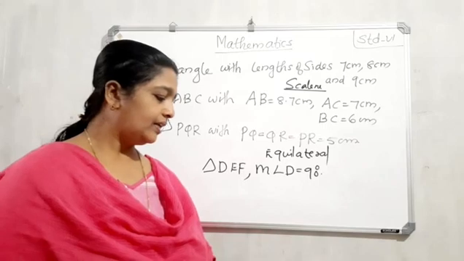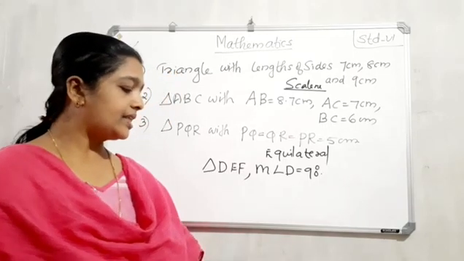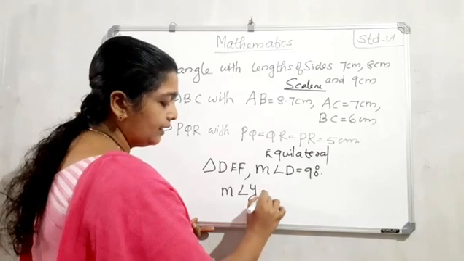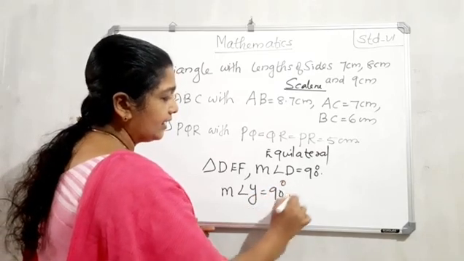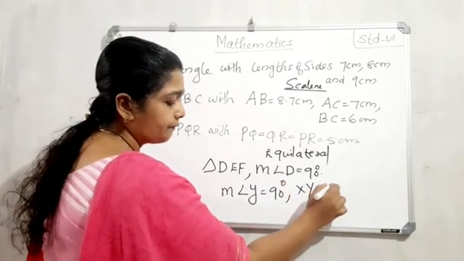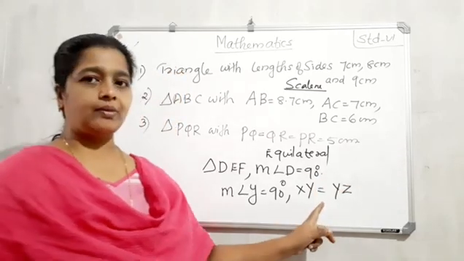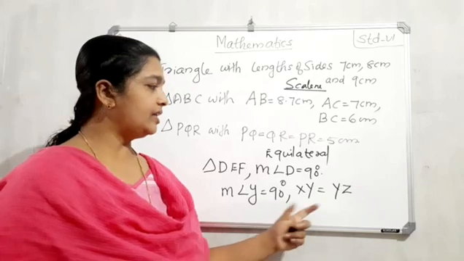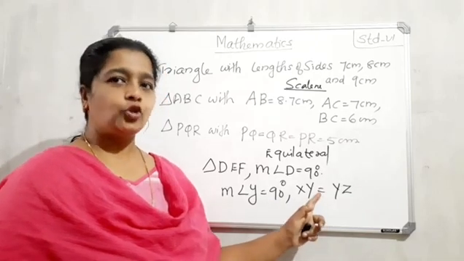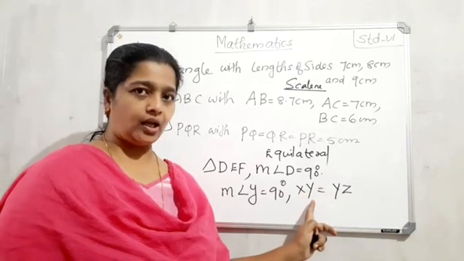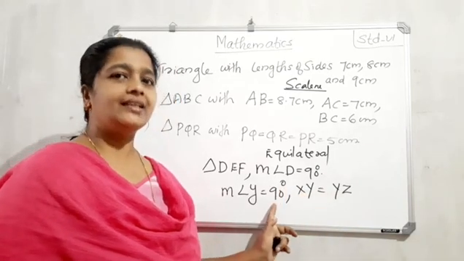Next question. Triangle XYZ with the measurement of angle Y equal 90 degrees and XY equal YZ. Here two measurements are there, with the angle and with the sides. Two sides are equal, and with the angle, 90 degrees.